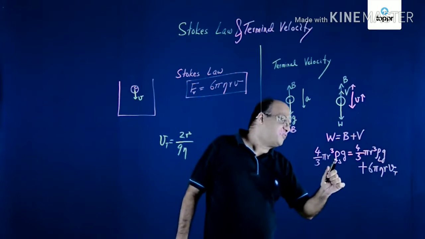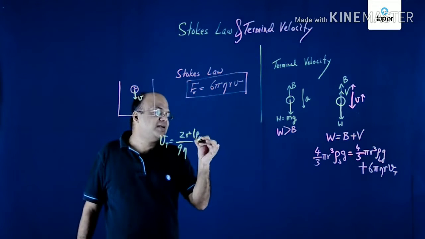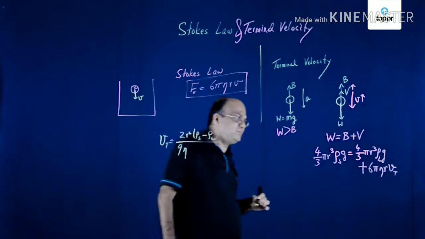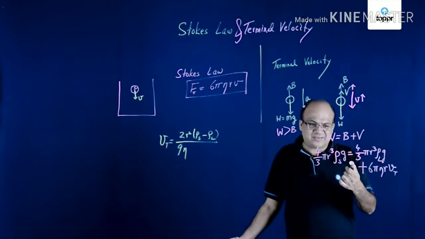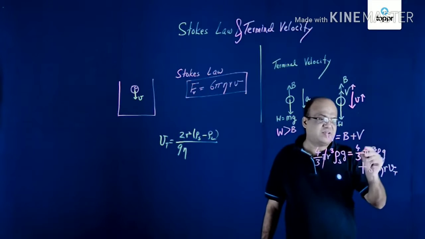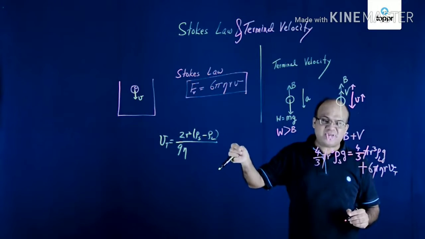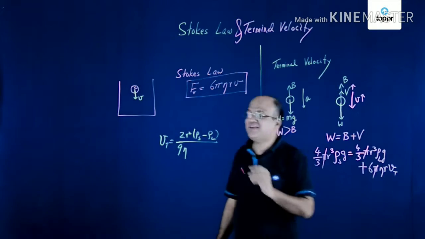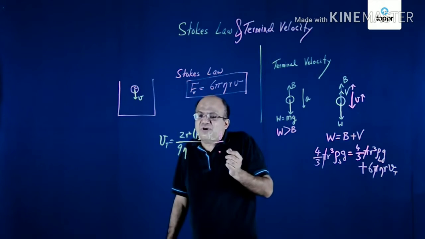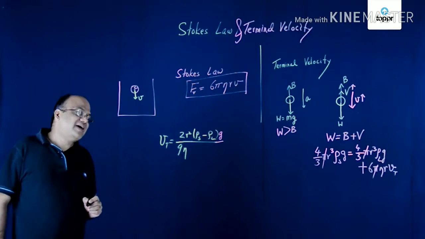Then rho of solid minus rho of liquid. Pi cancels from everywhere, so pi is gone. So 2 by 9 r square, rho s minus rho l, and this g also will be there. So this is the formula for terminal velocity: 2 r square (rho s minus rho l) g by 9 eta.